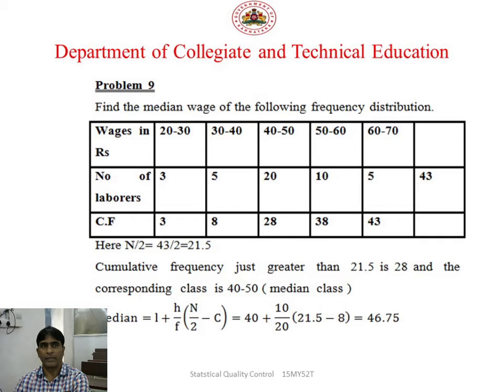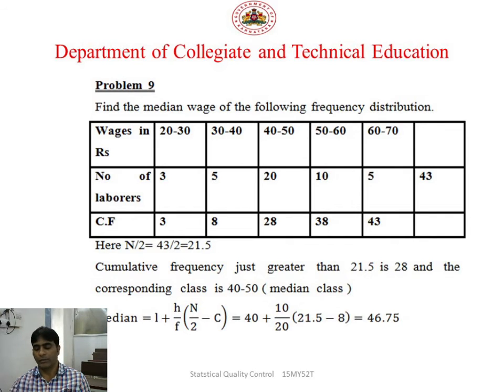Hope you are getting that. Okay, so the answer is 46.75. That is your median answer. Hope everyone has got this.